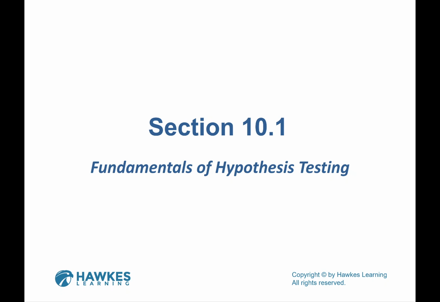So 10.2, 10.3, 10.4 are all similar to each other, doing this thing we're calling hypothesis testing in a similar way to how we had the different types of confidence intervals we did. They were similar. And then 12.1 and 12.2 really go together. It's really like just one section.